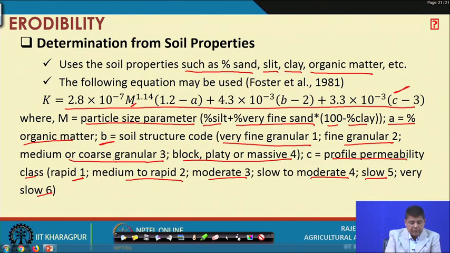So, using the B and C codes here and knowing the percent sand, silt, clay and organic matter, which can be obtained from laboratory experiments, we can also determine K using this empirical equation. So, erodibility can be estimated by two methods: using runoff plots for experiments, and using the soil properties with the empirical relationship.